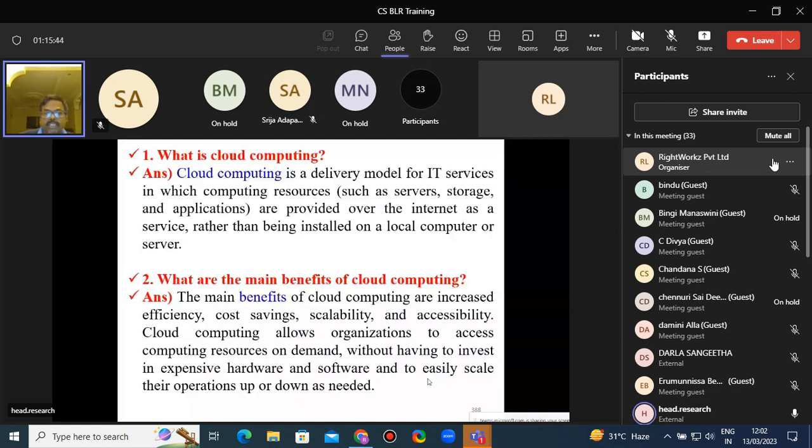Local computer or server. What are the main benefits of cloud computing? The main benefits of cloud computing are increased efficiency, cost savings, scalability and accessibility.